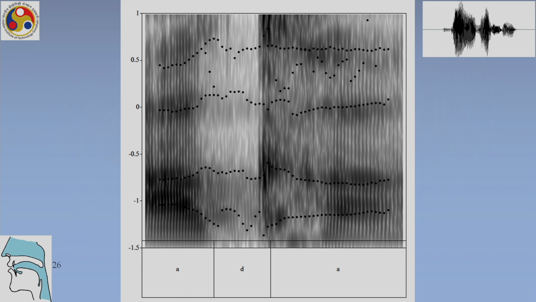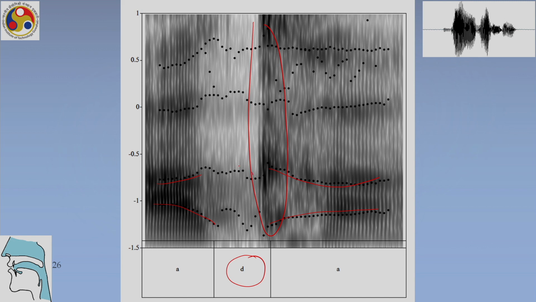Again, to show you how these things may be different in different contexts, if we take the consonant in the middle, flanked by two vowels, we see that we have a burst spectrum followed by the vowel, and again we have these transitions, moving away from the consonantal position and again approaching the consonantal position.